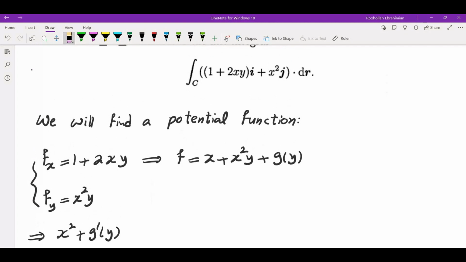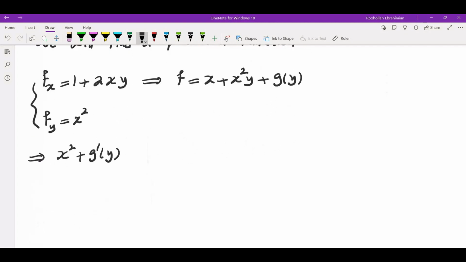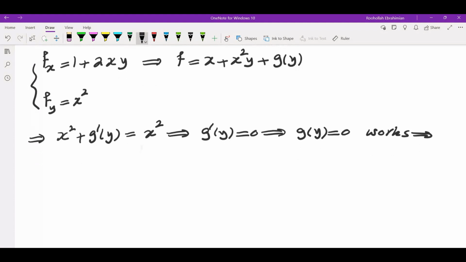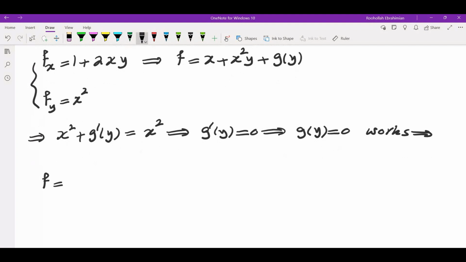Oh, this was x squared. G prime y equals x squared. So this tells us g prime of y equals 0. So g of y equals 0 is a possibility. So that means a potential function would be x plus x squared y.